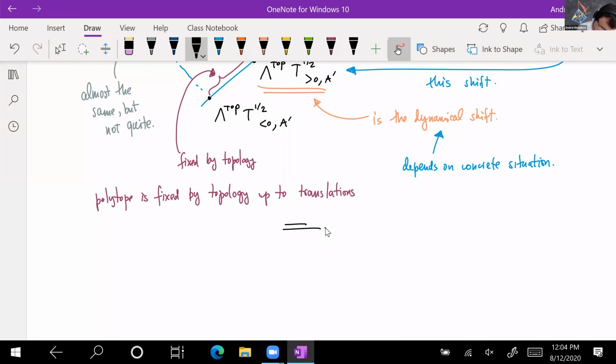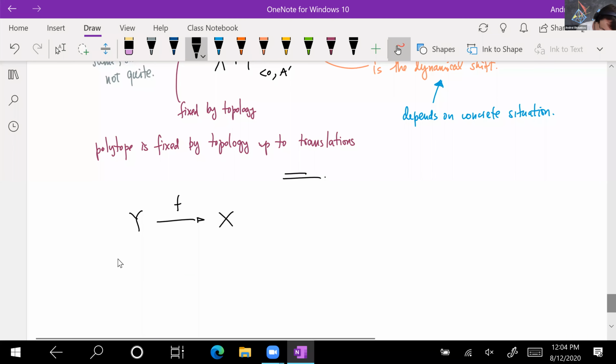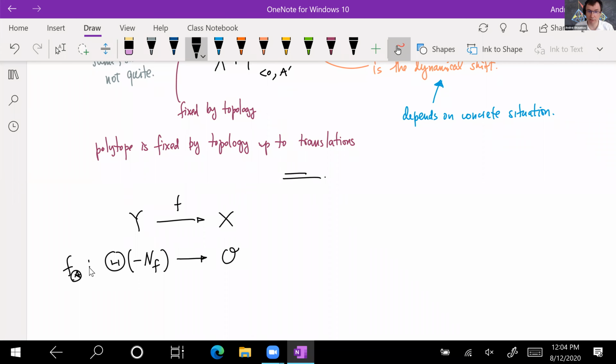If I have a map f from Y to X, then push forward in elliptic homology goes by taking the theta of the minus normal bundle to f going to O. So this is how push forward is defined.